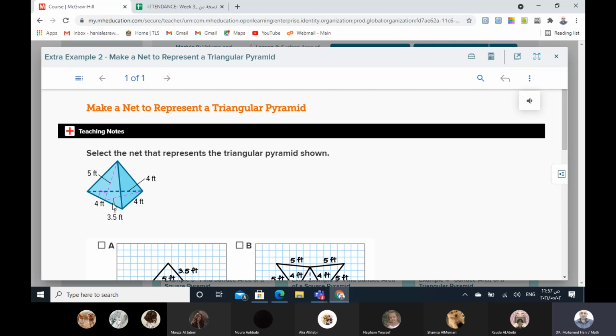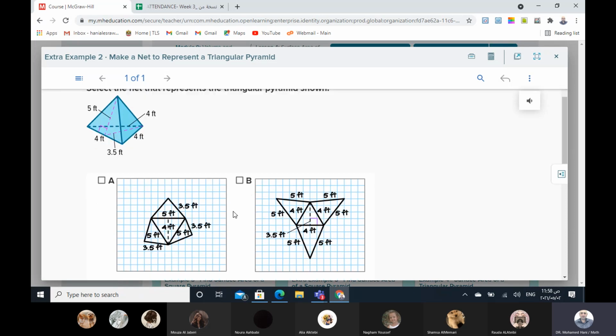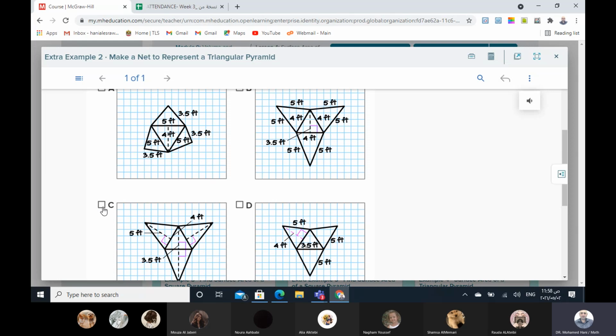We have 1, and here 2, and in the back we have the third one. And here the slant will be 5. Right. Now, is it A or B or C or D?